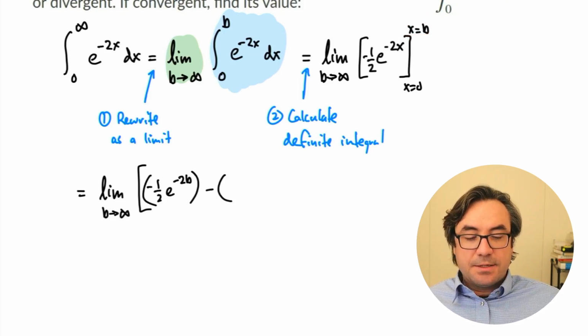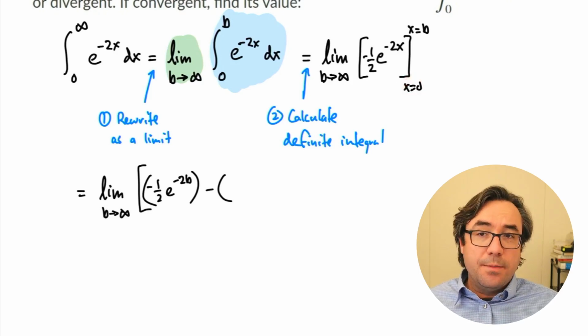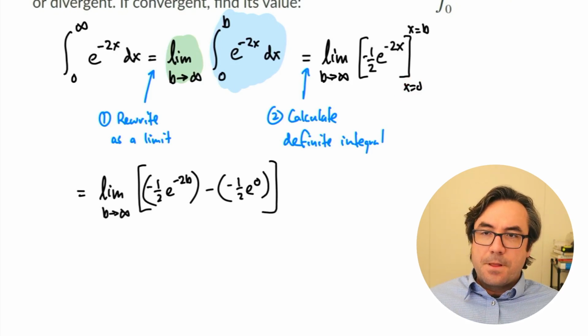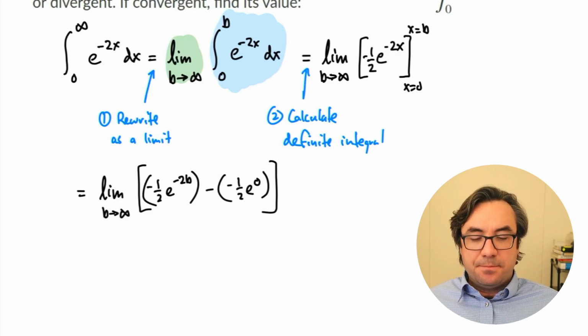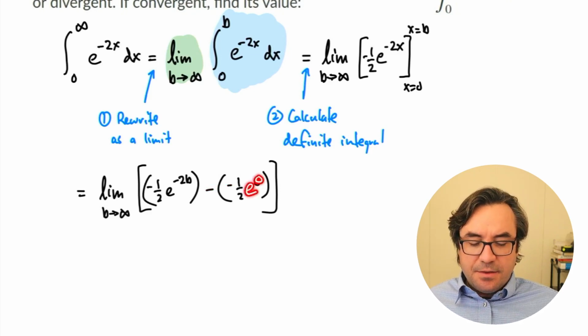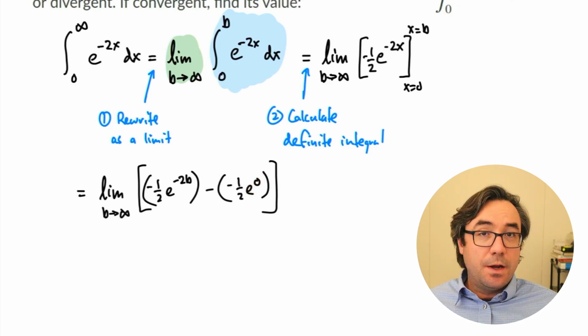Then we subtract, and we plug in the lower limit, 0, so we get negative 1/2 e to the 0. Maybe clean it up a little bit. First of all, we have a double negative here, so I like to simplify that to a positive. And then e to the 0 is just 1.